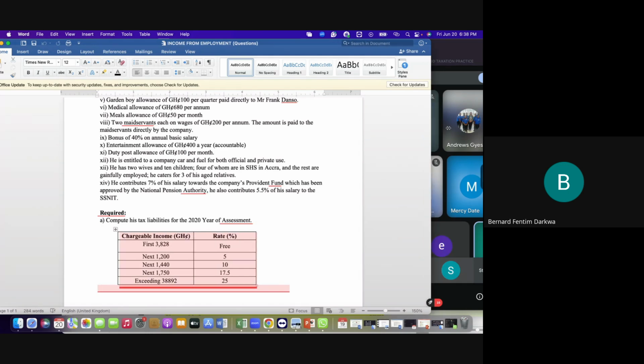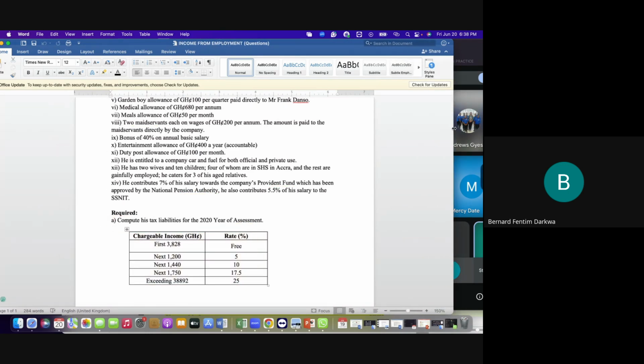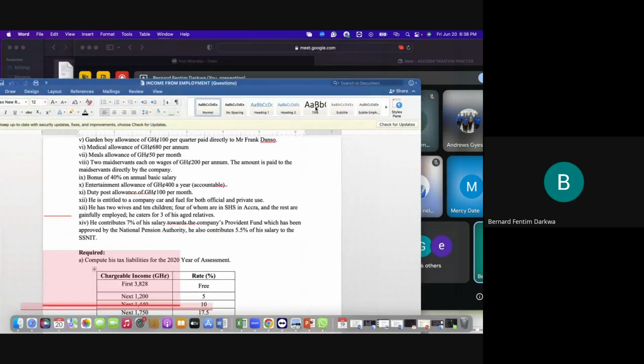Always, every question will give you the table to use. So please, when my network goes off, just stay, because this evening the weather here is cool and it is affecting my internet. Once I'm up, I'll reconnect.